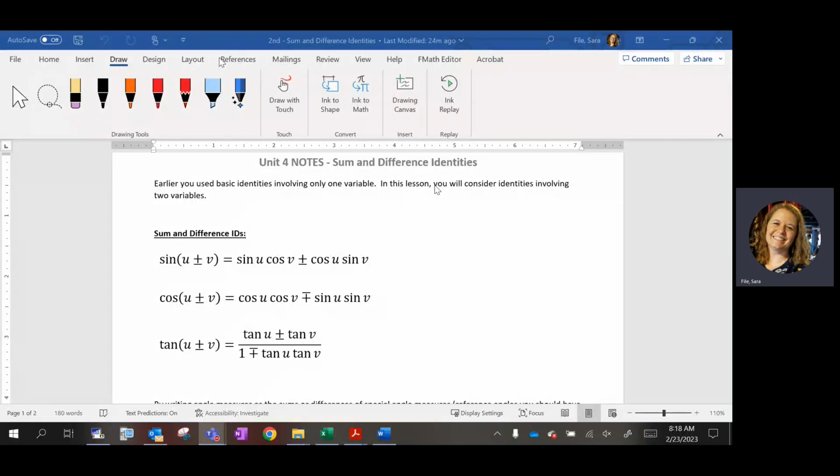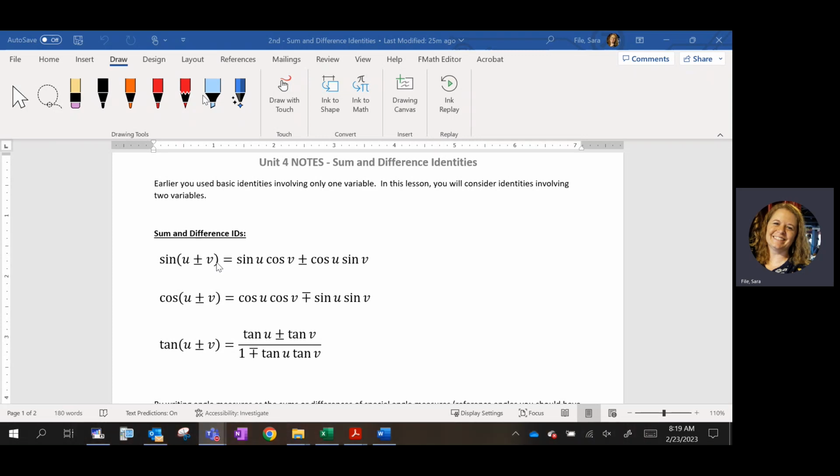Again, the last new identity that we're going to learn is sum and difference identities. What we're looking at here is we're using U and V to represent two different angle measures.